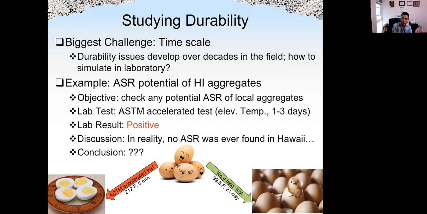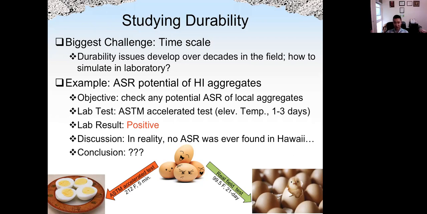C1260 is called the ASTM accelerated test. We make some mortar bars and put them in very harsh environments. Very high temperature, I believe around 80 degrees Celsius, and the concentration of alkali is very high. We put the specimen in this harsh environment for only 2 weeks, and if the aggregate is susceptible, then the bar will expand.